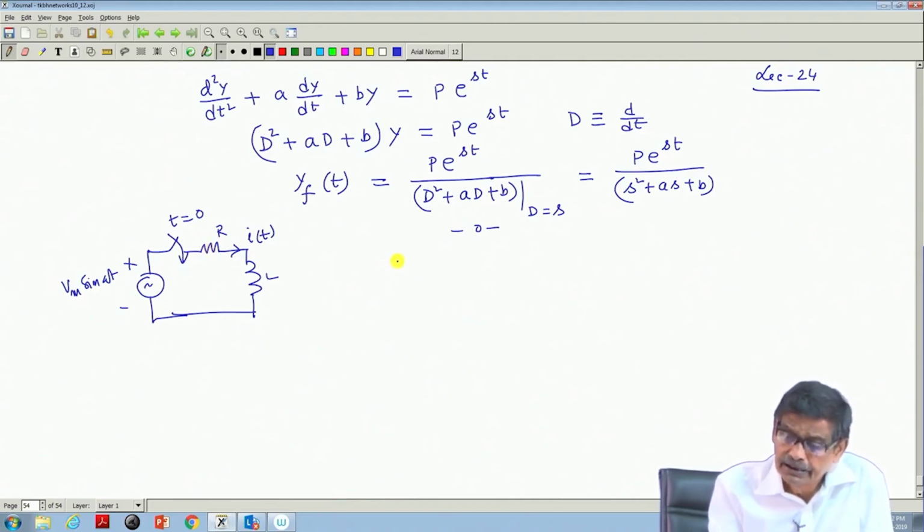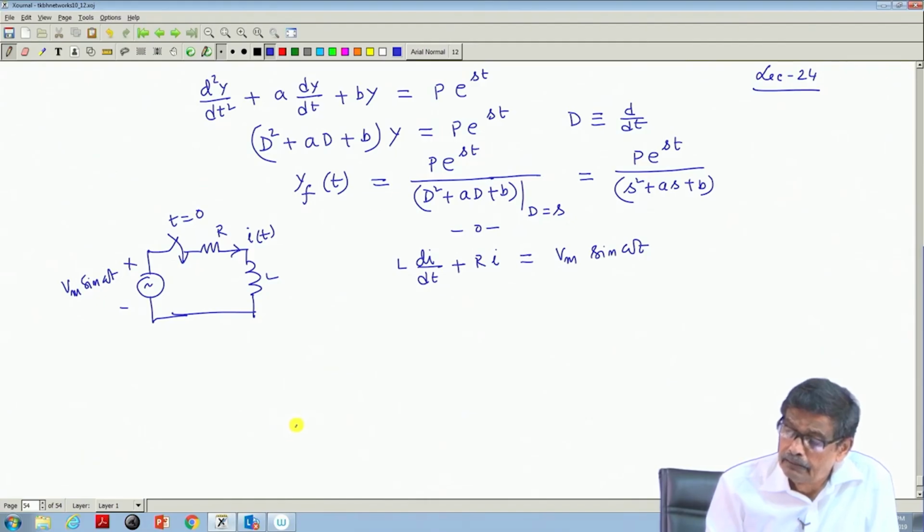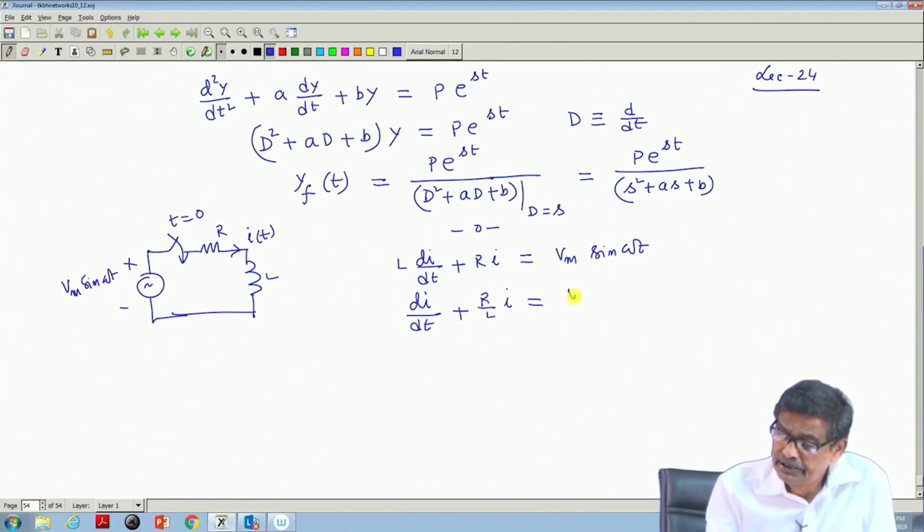What was the equation? It was L dI/dt plus R I is equal to V max sin omega t. That is what I wrote here. Then I was dividing, which is not necessary, but you always follow this, R by L into I is equal to V m by L sin omega t.